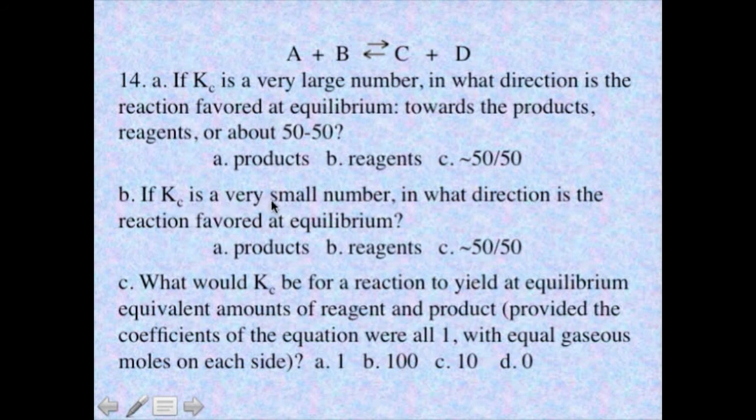If Kc is a very small number, just the opposite, and you have lots of reagent. And what would Kc be for a reaction to yield at equilibrium equivalent amounts of reagent and product, assuming the coefficients of the equation are all 1 with equal gaseous moles on each side? And of course that's going to be a Kc of 1.